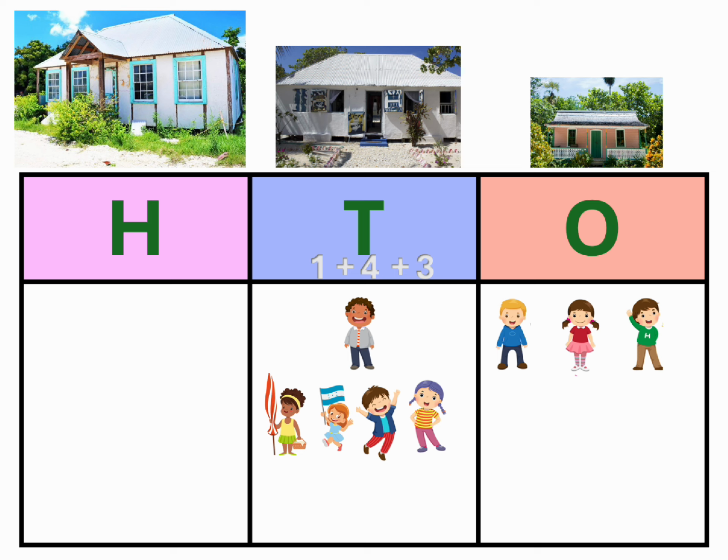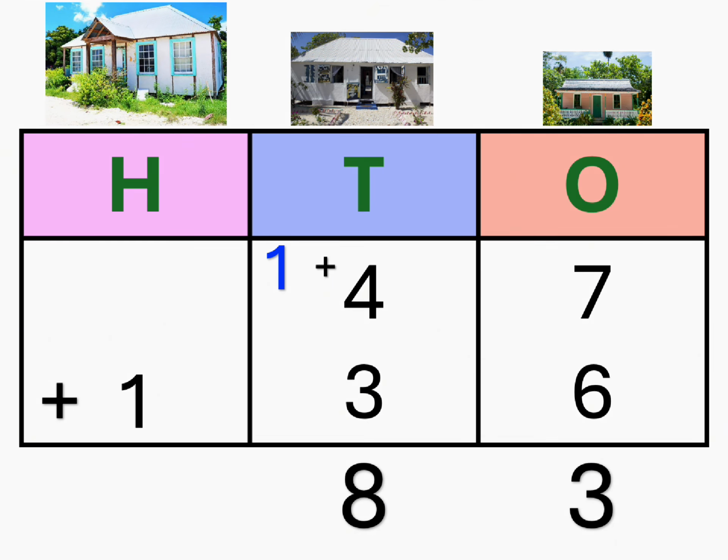Last we need to add 3 more guests. 1, 2, 3. It's time for us to count them all together to see how many we have. 1, 2, 3, 4, 5, 6, 7, 8. We have 8 guests in the tens house. We now write the number 8 right under the tens house.